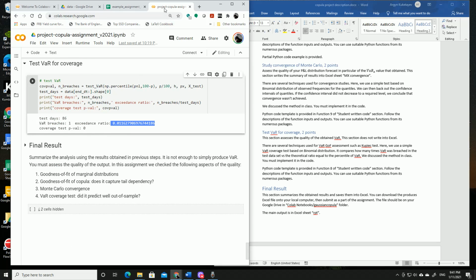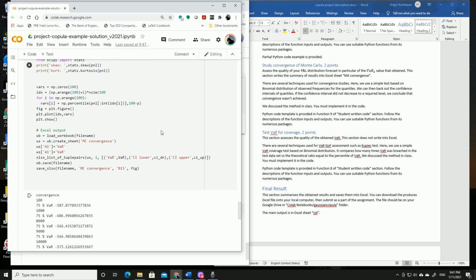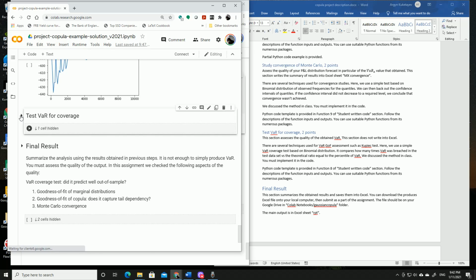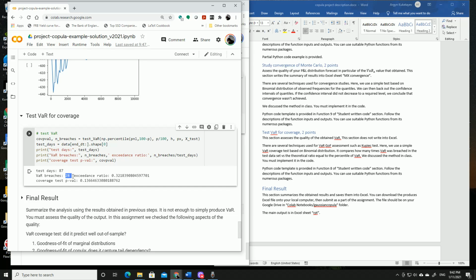This value at risk did not run very well here, at least in this implementation. Oh, because this is an assignment, right? Let's see our example. Did it work in the example? Coverage test. Okay, looks much better, right? So we had 87 test days, and we had 28 breaches, which gets to an exceedance ratio, which means the number of breaches compared to the number of days was 32%.